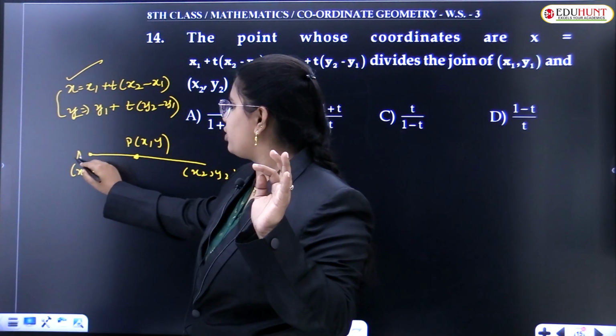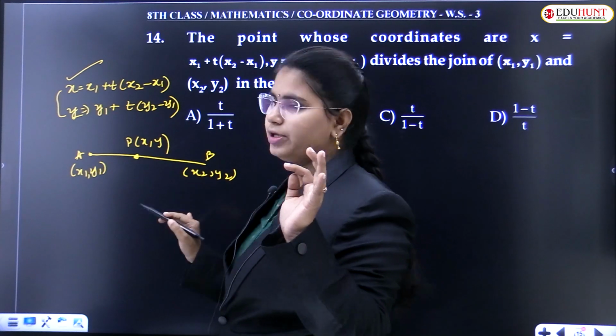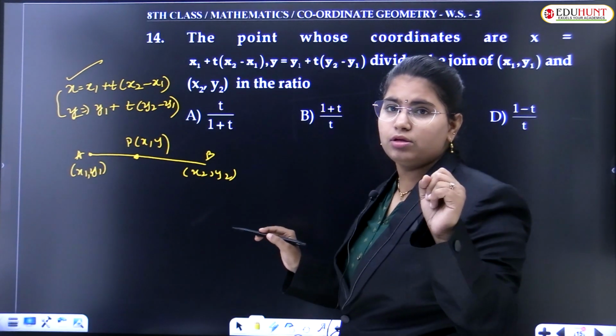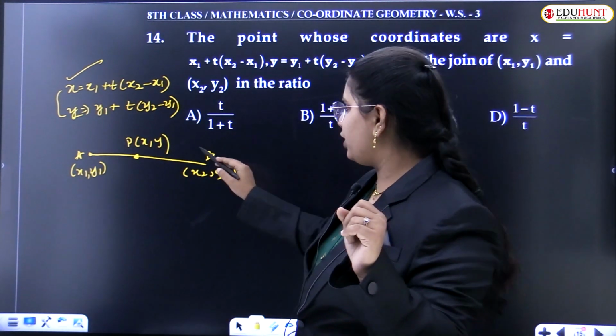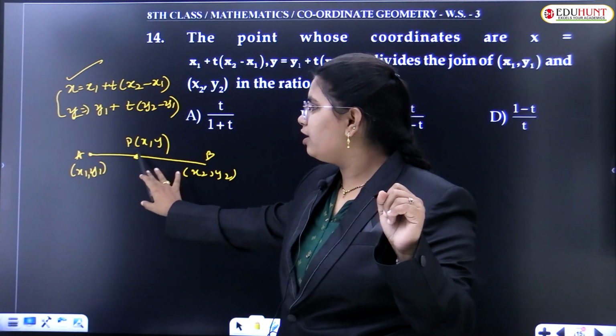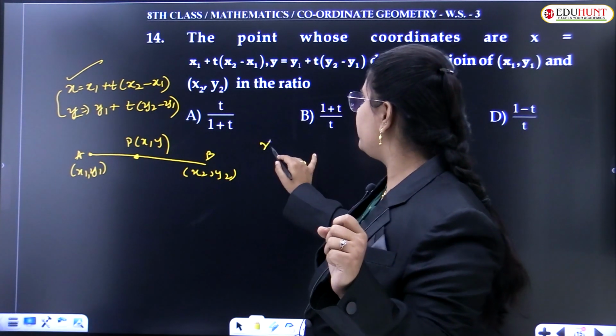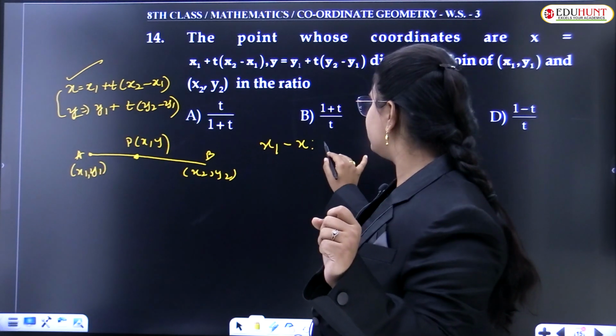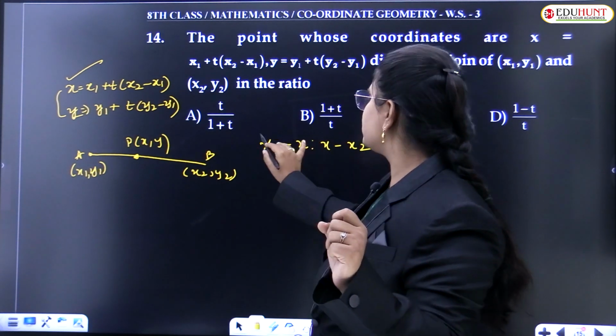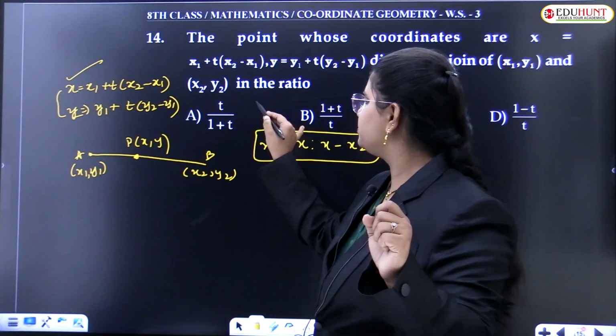Let me take the first point as A and the second point as B. I told you in the conceptual video, if any point P divides AB, in what ratio will it be dividing? x1 minus x is to x minus x2. This is the formula I have told you, right?